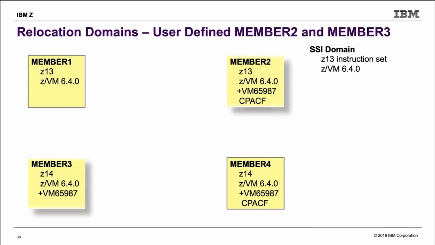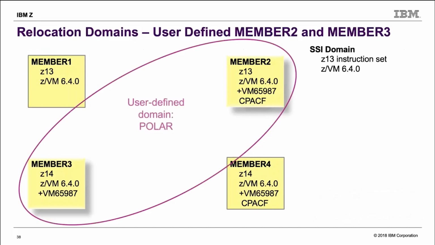So now let's look at how we might define some additional relocation domains to help further our cause here. Now, my wife's family loves bears, so I'm going to define some bear-specific relocation domains just for the fun of it. And we're going to start with a domain that we call polar, right? And this includes members 2 and 3.